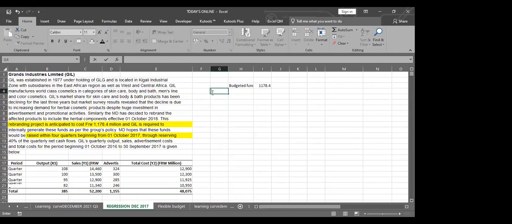So the required is to use regression to focus the future. That is what it is, future, and it is cash flows, future cash flows, and actually net cash flows.